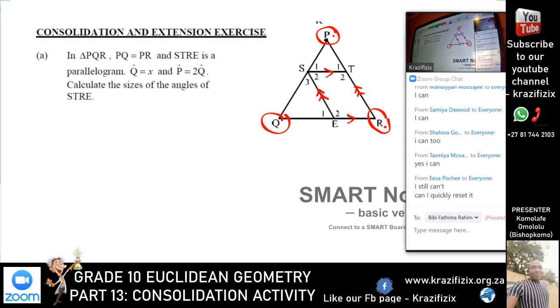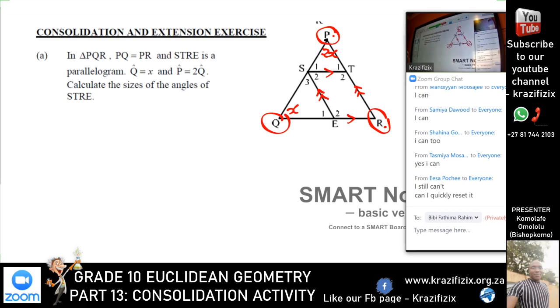If Q equals x and P is equal to 2Q, angle P, is it okay to say this is 2x? If Q equals x, calculate the sizes of the angles of STRE.